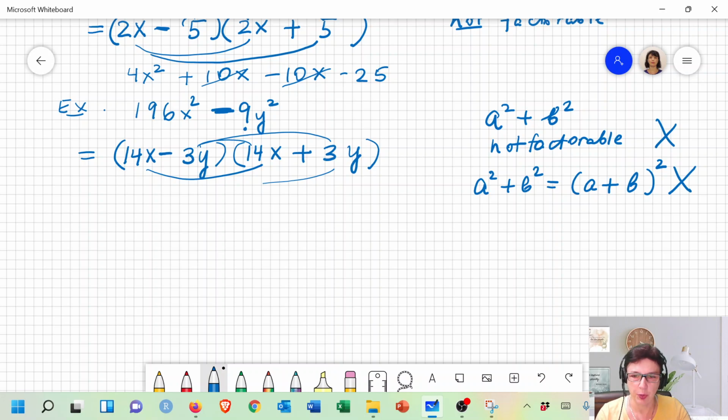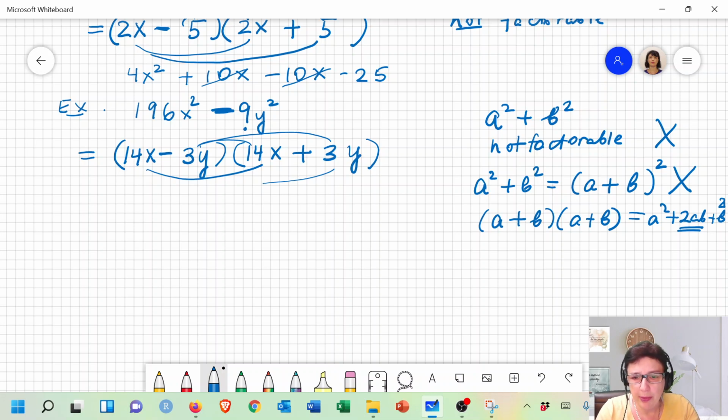This is actually not true. That does not work. The reason is that when you multiply a plus b times a plus b and you use FOIL, you will see that you're not going to get this. You're going to get something different, with an extra term there. Another thing you could ask yourself is: if I think this is true, why don't I test it?